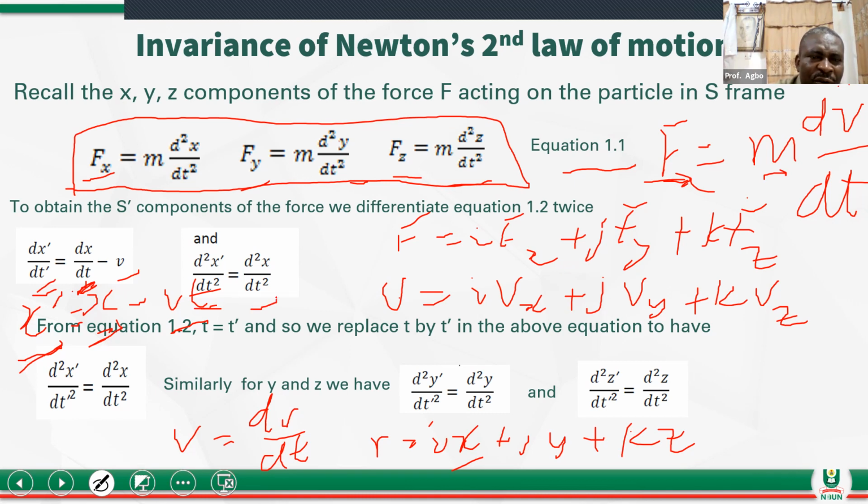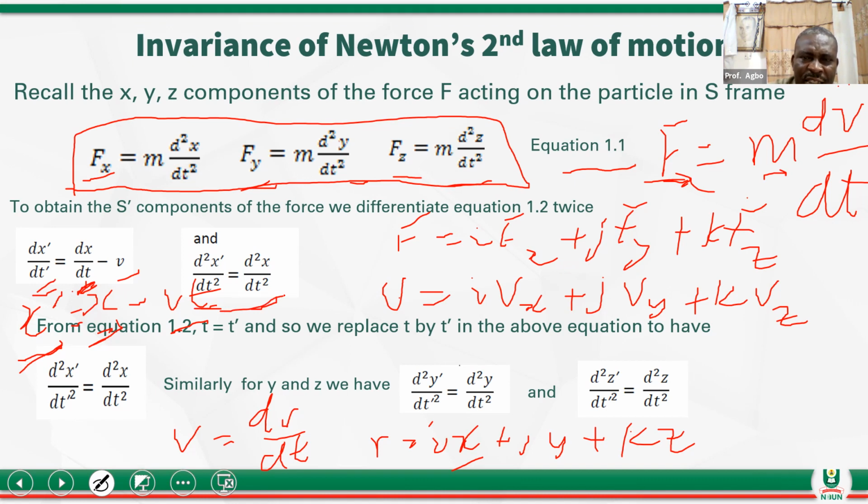If you now do the same thing along the y-axis, you still get the same expression. That is, d squared y prime over dt prime squared is equal to d squared y over dt squared.